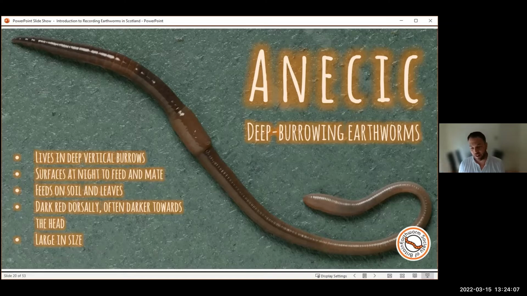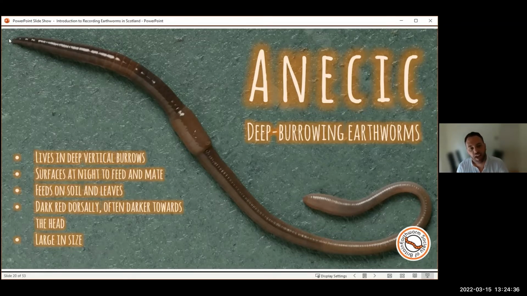So the sheer size of them helps us distinguish them from other types of earthworm, but also they've got this pigmentation. So when we talk about the colours of earthworms, we separate out colour and pigmentation. So pigmentation is where they've got these deep reddy, browny, purple, or even black colours to them. So with the Anecic earthworms, they have pigmentation, usually more so at the head end of the earthworm.